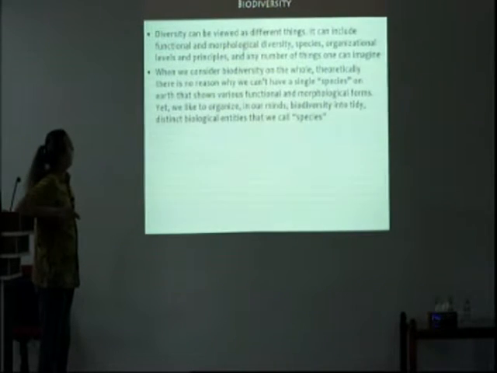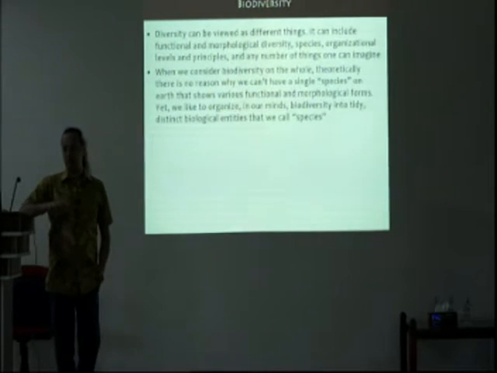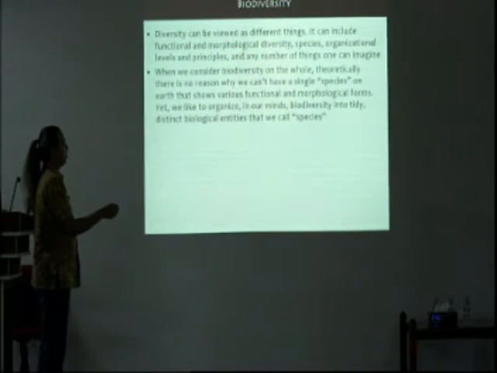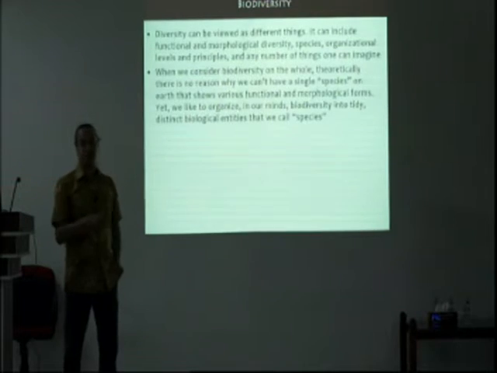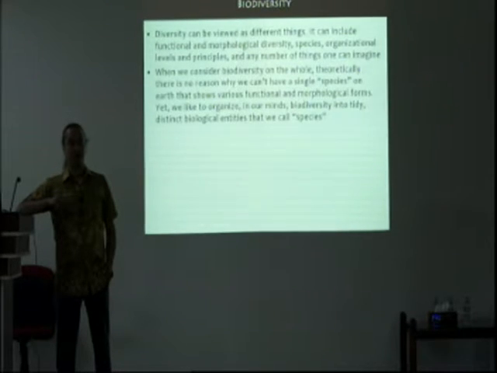Now, when you look at all these different things and not necessarily species, here is an interesting point. Theoretically, there is no reason why you can't have a single species that shows all of the morphological and functional diversity, right? Do you agree or not? Okay.